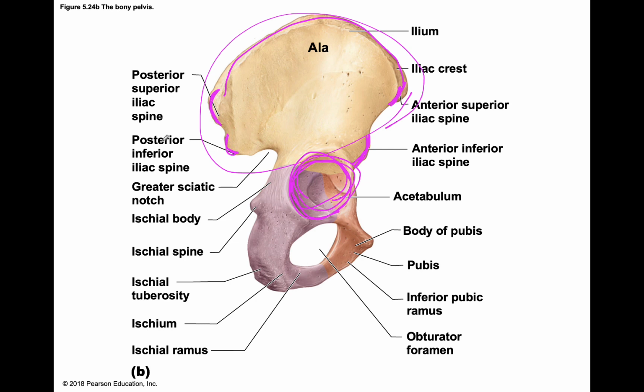So just by these names, you know that this is the posterior, where your butt would be. This is your anterior, where your genitalia would be. So I would say 70% of these labels are on your list, not all of them. So please make sure you have the list open in front of you when you're studying this.